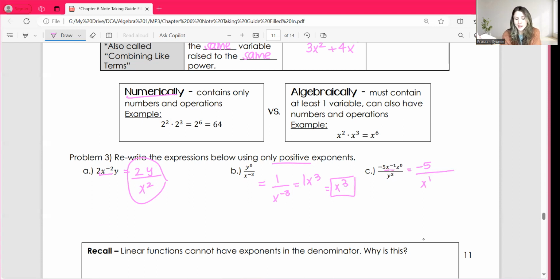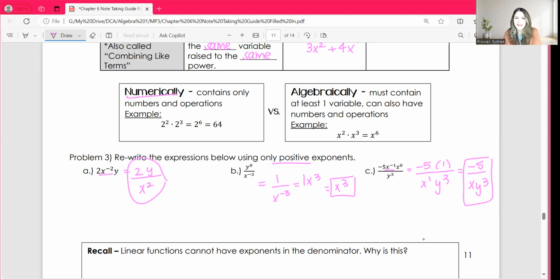Z to the 0 power, anything raised to the 0 power is just 1. So I'm going to put that in there. And then move to the term in the denominator, y cubed. Nothing wrong with a y cubed. To write this a little bit better, -5 times 1 is -5. I got x to the first power. I don't really need to write that 1 times y cubed will be my final answer.